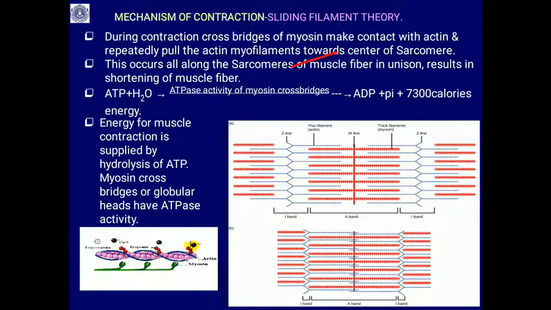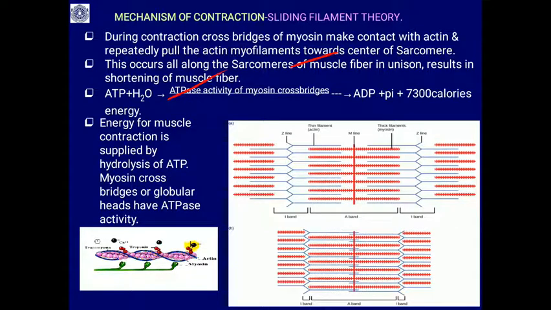Muscle contraction means all myofibrils inside the muscle cell contract, and since myofibrils are made of sarcomeres, all sarcomeres contract in unison as per the neuronal stimulus, resulting in the shortening of the muscle fiber.